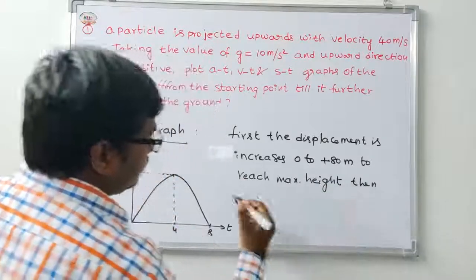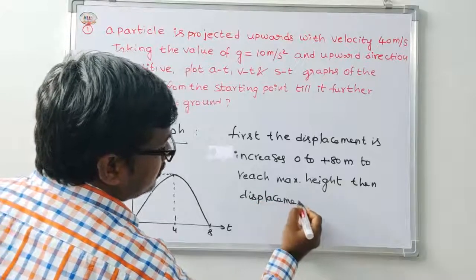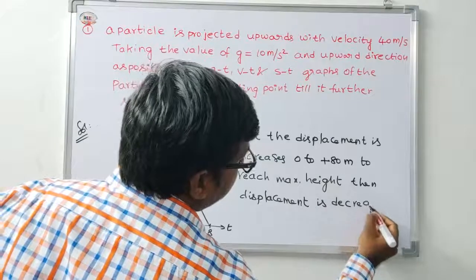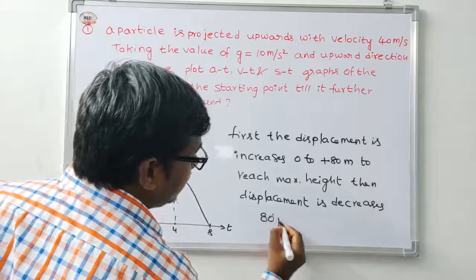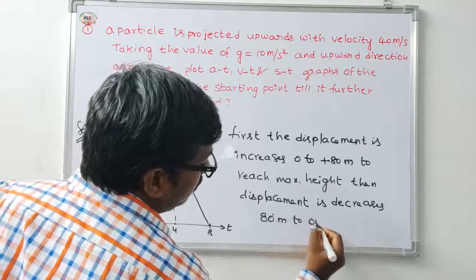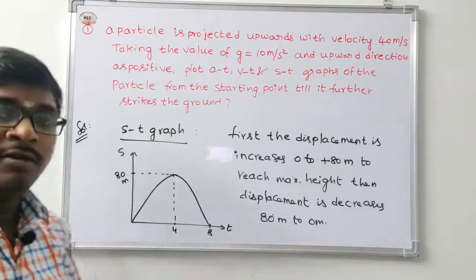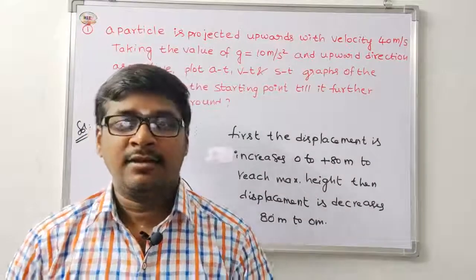Then the displacement decreases from 80 meter to 0 meter. This is the position time graph. This is very important in NEET, IIT Mains and IIT Advanced level.